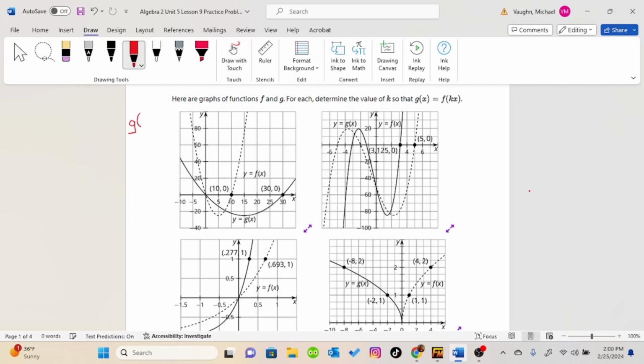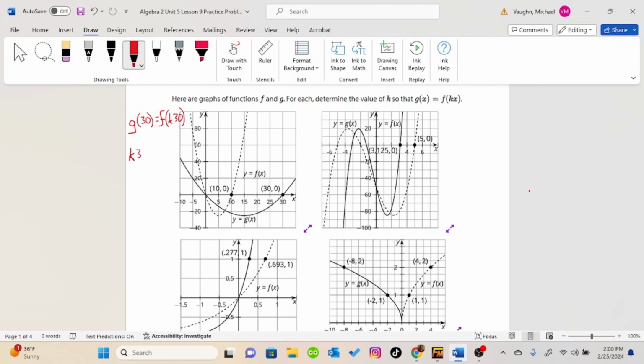So we're saying g of 30. Now, that means we have f of k times 30. So now we need to know, what does k have to be in order for 30 to become 10?